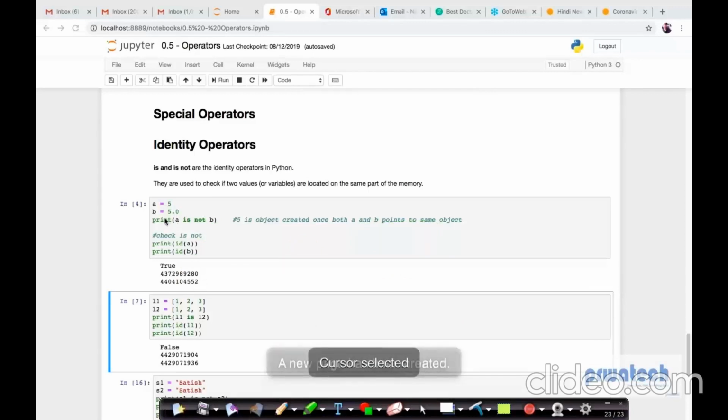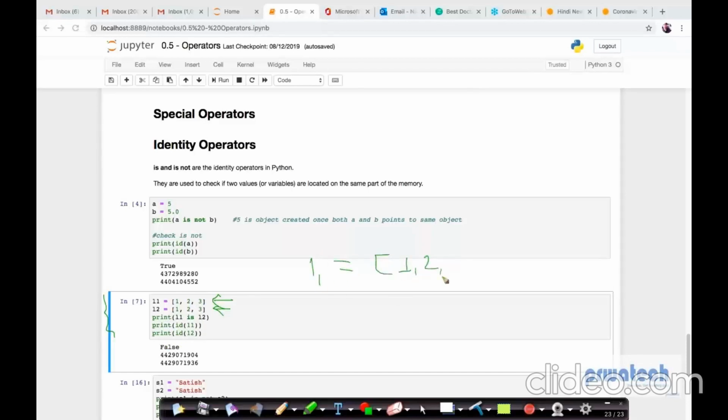Second option, L1 is [1, 2, 3], L2 is [1, 2, 3]. L1 is L2, but why is L1 is L2 false? Can you give me the answer? We have seen this operation in a previous example. I am expecting the answer to be true because I can see exactly the same value for L1 and exactly the same value for L2.